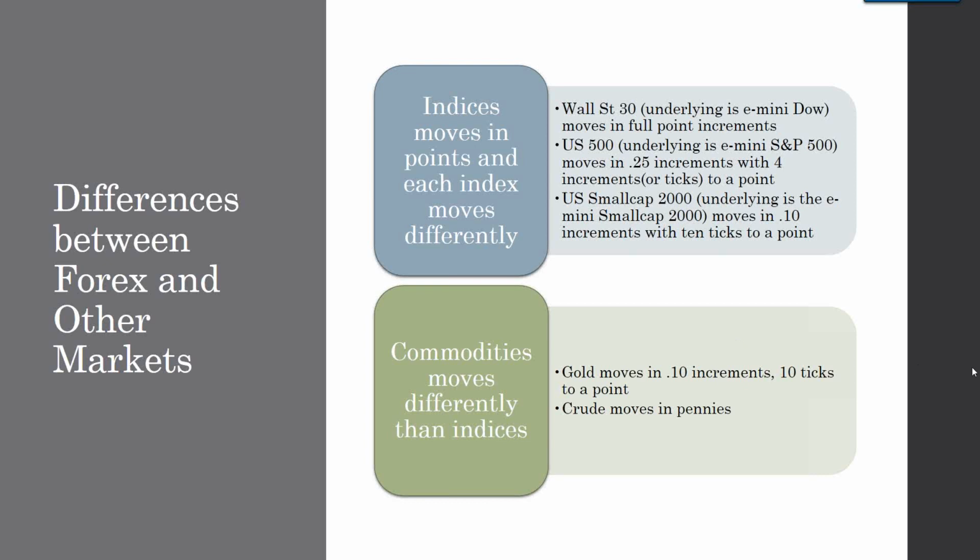Okay, now what are some other differences between the Forex and other markets? Well, the indices move in points, and each index moves differently, okay? Wall Street, which uses the underlying Dow Jones, simply moves in full point increments.